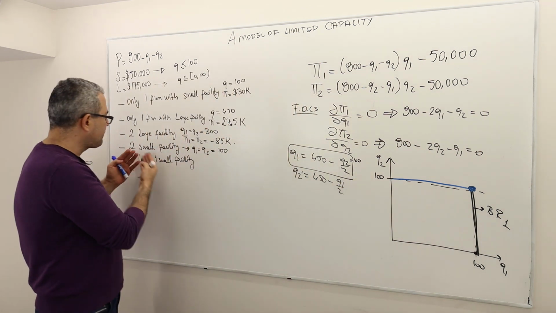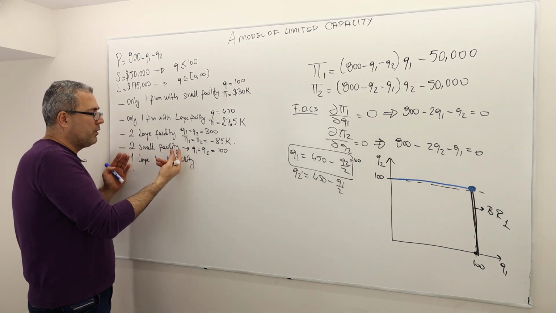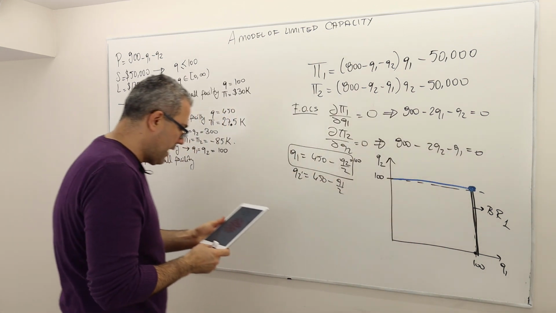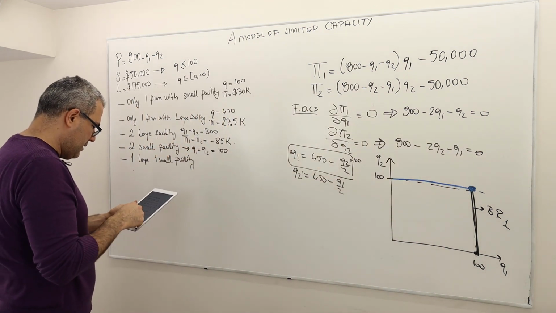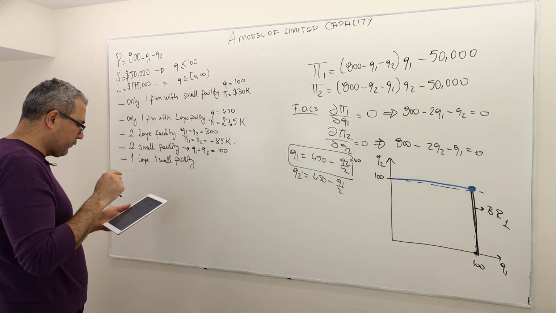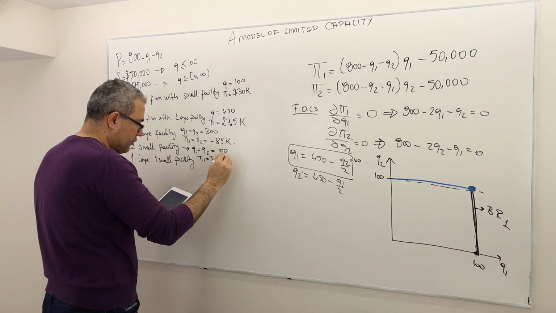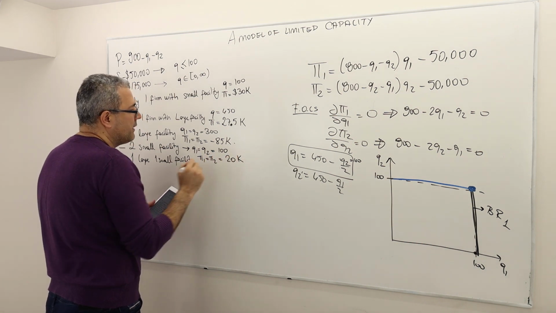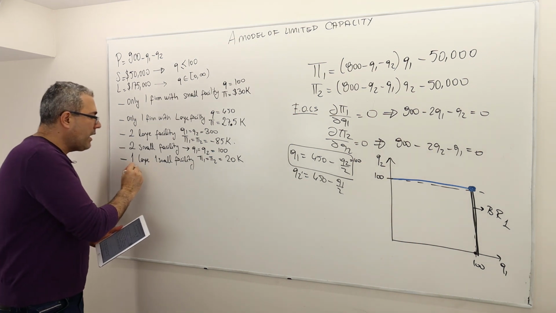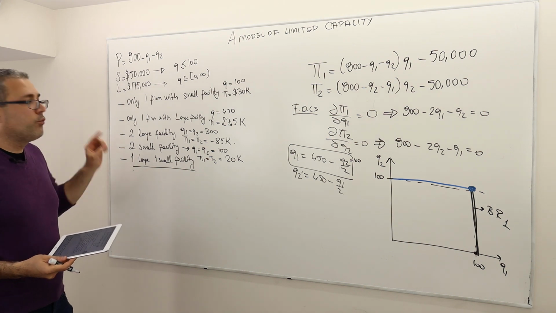So if two firms are in the market and they both have small facility, they both are going to produce 100 units of output, and then what is going to be the profit? The profit for each is going to be pi 1 equals pi 2, which is equal to $20,000.